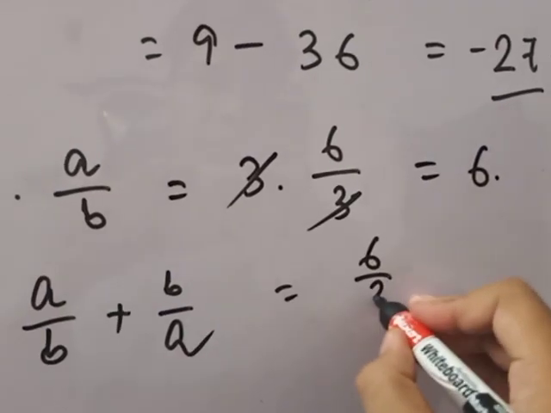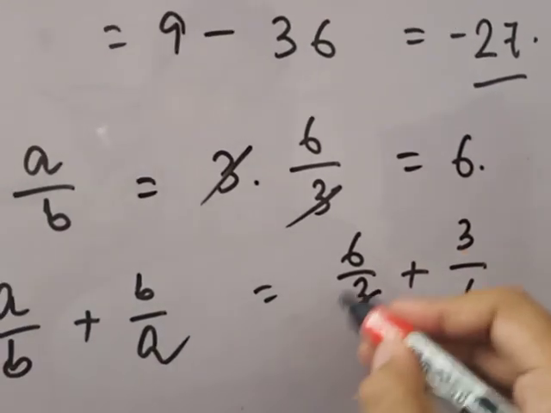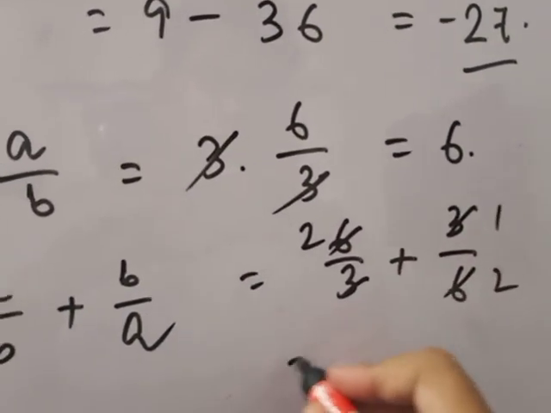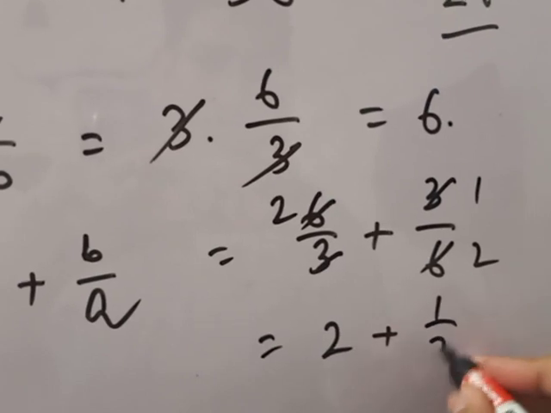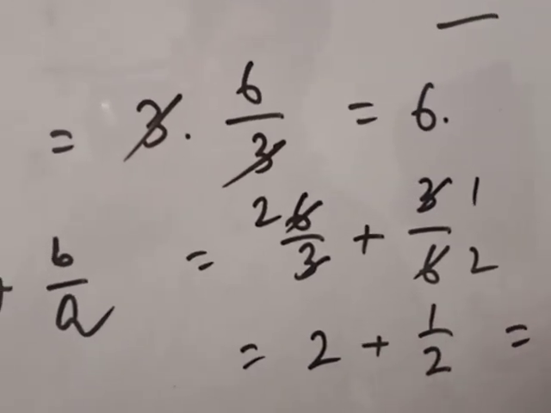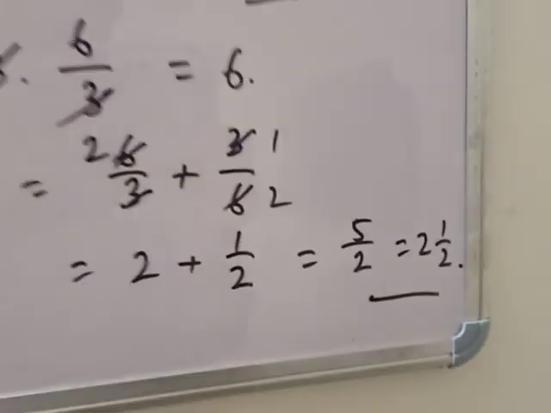So 6 by 3 plus 3 by 6. That means this is 2, and that means 1 by 2. So 2 plus 1 by 2. That means 5 by 2.